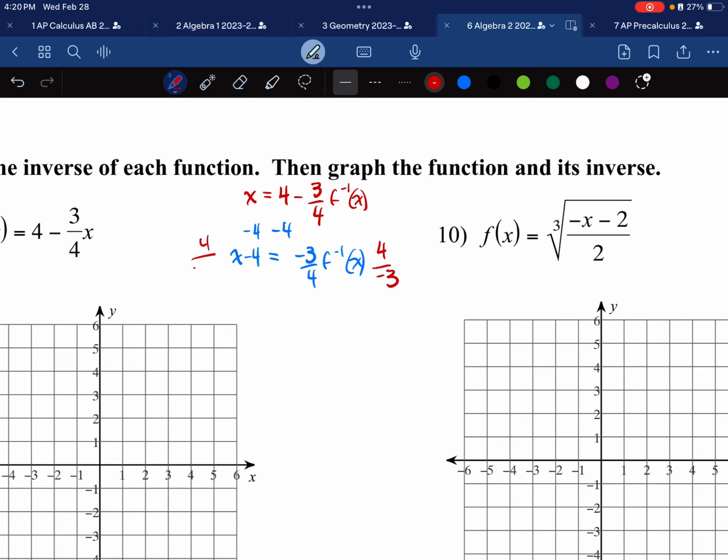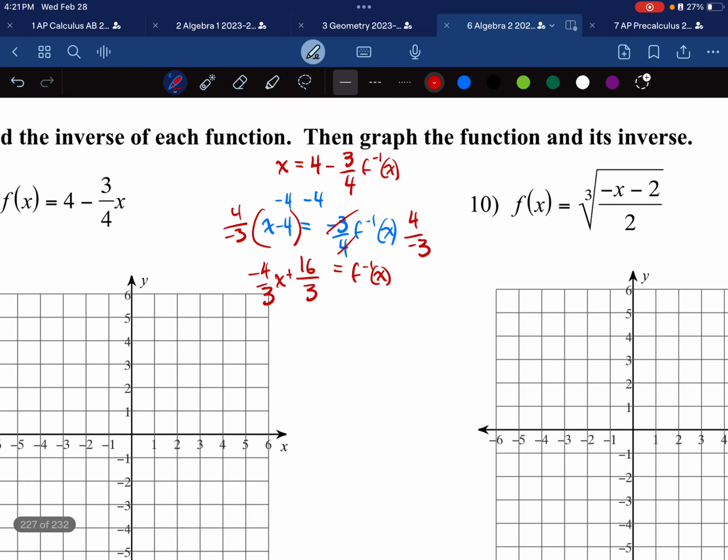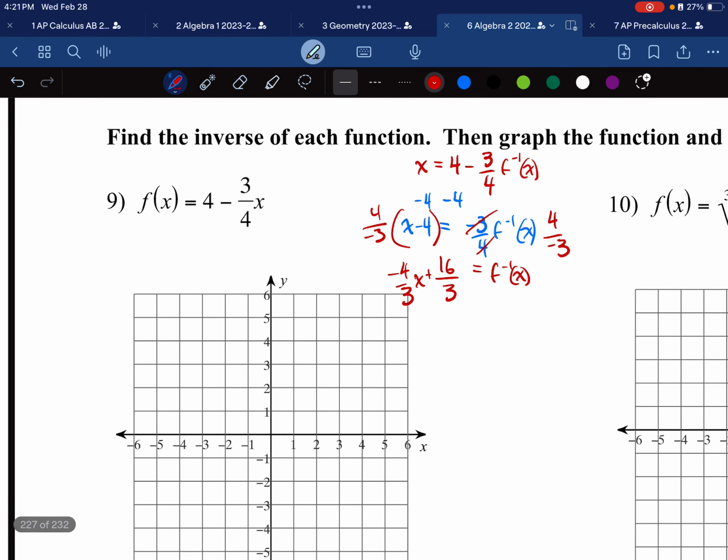Multiply by 4, divide by negative 3, the entire side. Those are gone, and I have f inverse of x is equal to negative 4/3 times (x minus 4). If I distribute, it'll be negative 4/3 x plus 16/3. Kind of a disgusting function. Let's go ahead and graph this thing.